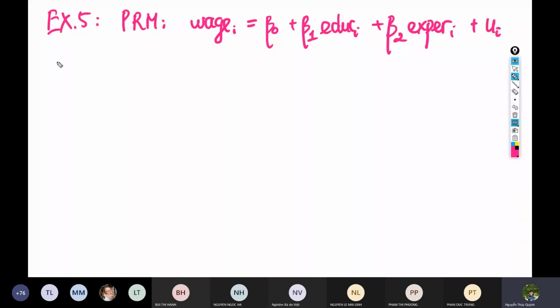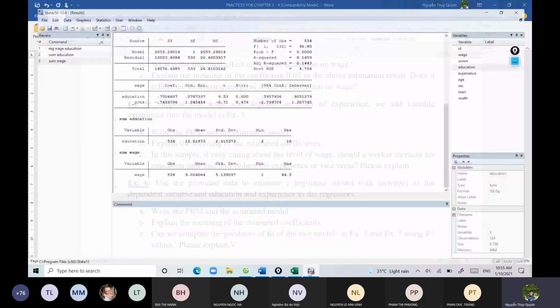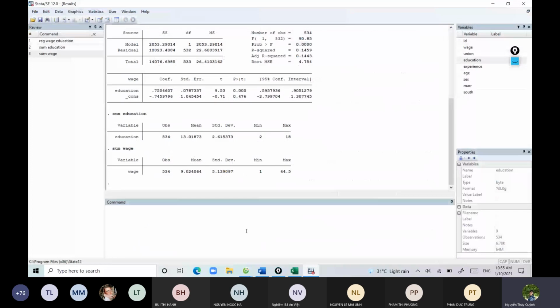And what about the estimated model, or the sample regression model? Now you have to estimate it in the data first. In order to get the estimated model, we have to regress wage on education and experience like this, and then this will be the estimated model.